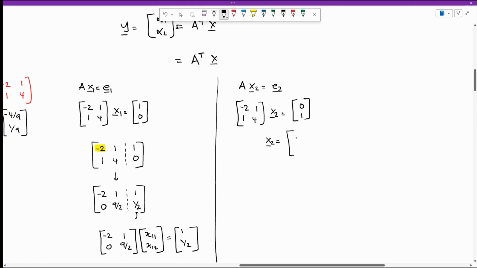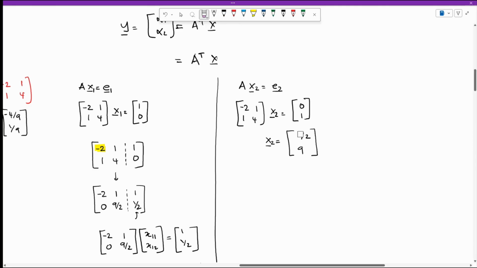What is it? Minus... This is definitely not right.